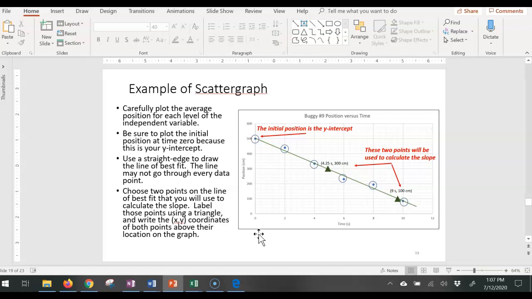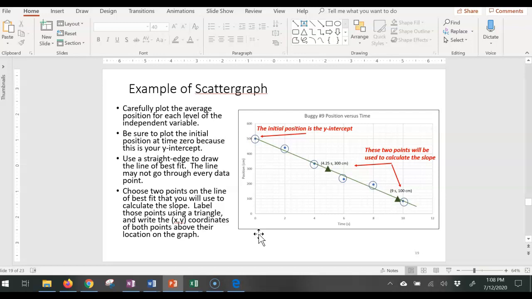Then, when all of the points are graphed, use a straight edge to draw a line of best fit that represents the linear trend. Keep in mind that this line of best fit may not go through every single data point. Please do not just connect the dots. You must use a straight edge and draw a straight line that represents your judgment of the best trend.